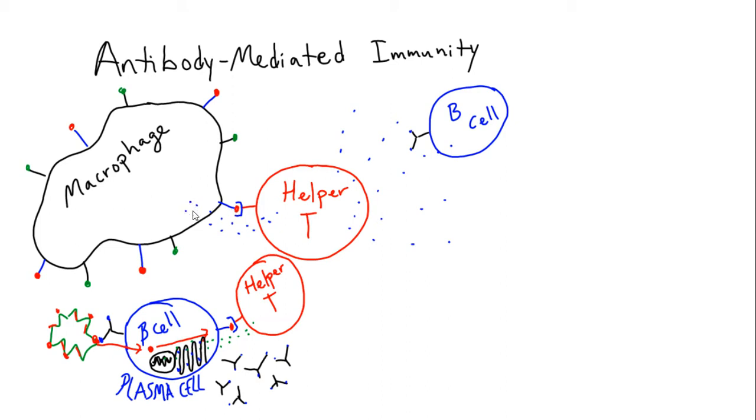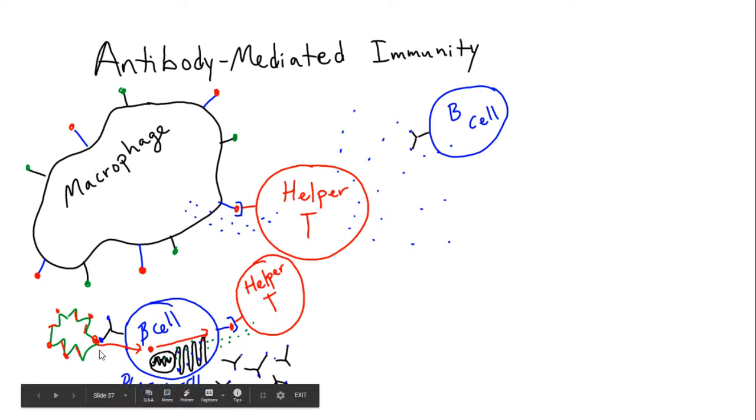When that happens, the helper T will get involved, and cytokines will be sent out to call in the B cell. The B cell will interact, and again, it'll present the antigen.